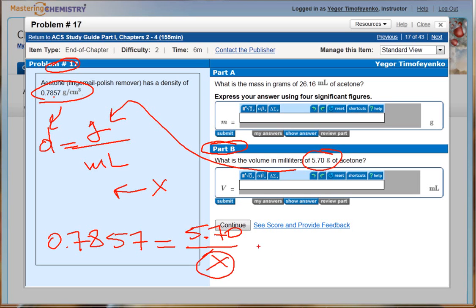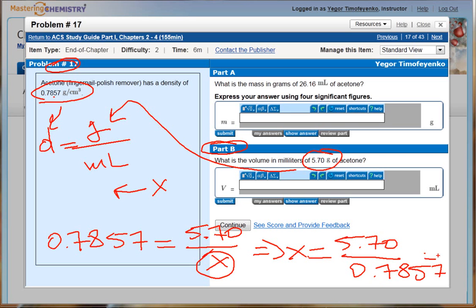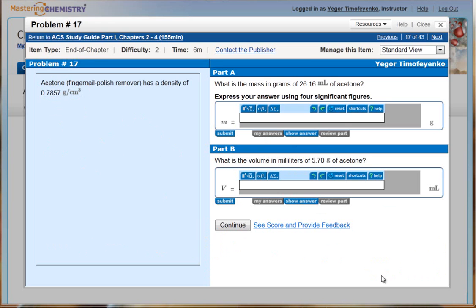And then you solve for x in your calculator, or you say that x is equal to 5.70 divided by 0.7857, and you calculate this out. Units are milliliters.